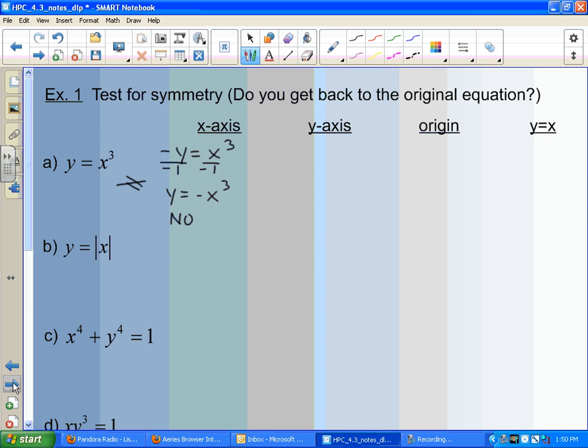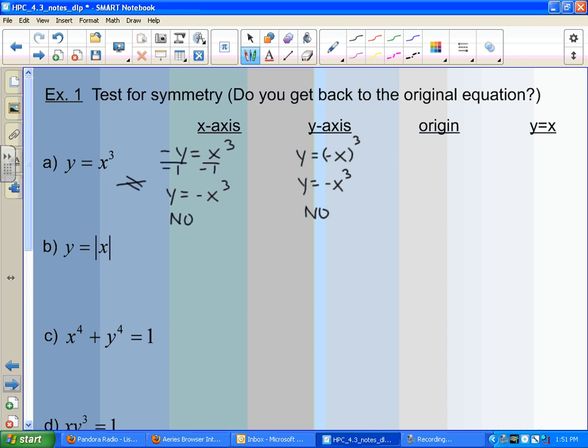You cool on that? All right. So now we go with the y-axis. We make x negative, now put in parentheses, and y equals negative x cubed. Again, not the same thing as y equals x cubed. So no, we do not have symmetry around the y-axis.